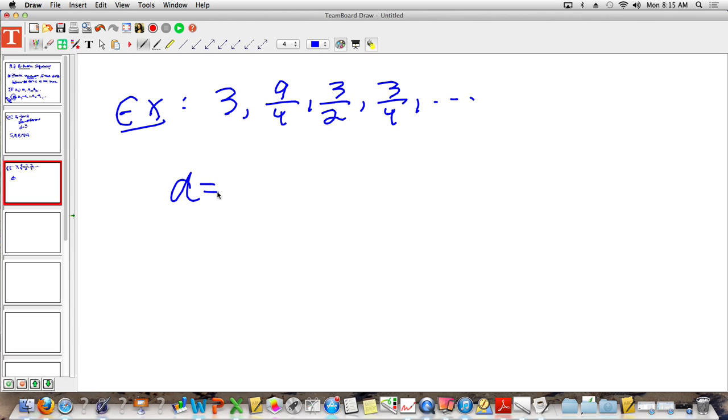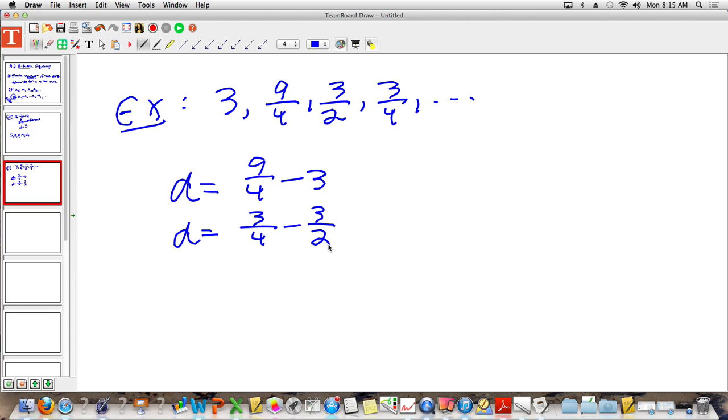So you could take 9/4 minus 3. You could also take 3/4 minus 3/2. You could take 3/2 minus 9/4, etc. Go ahead, get your calculators out, you guys. What is the difference between any two terms?